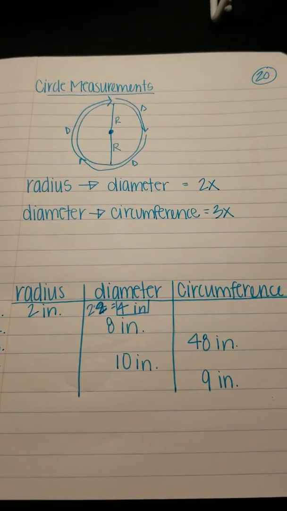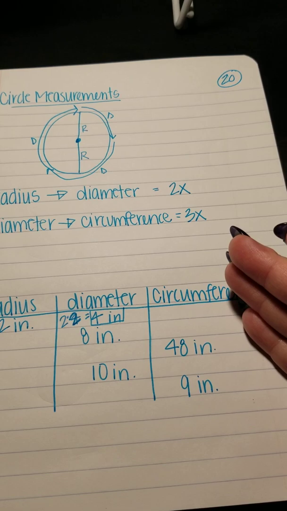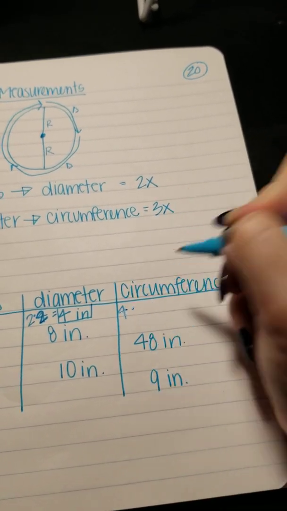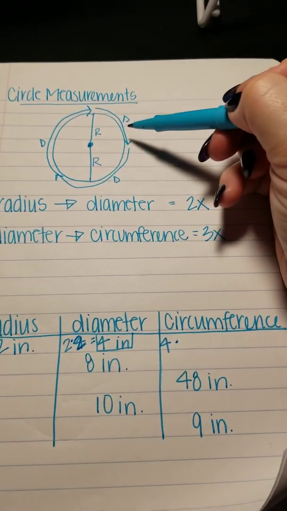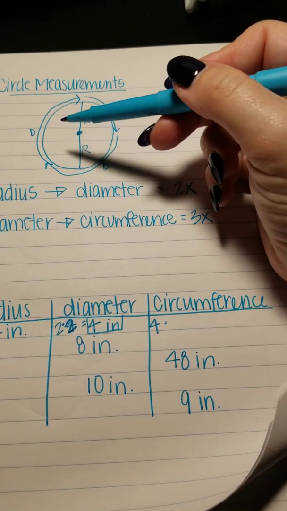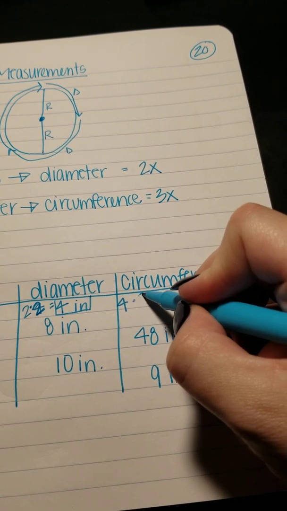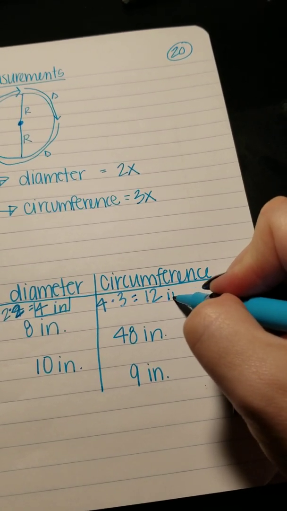All right, so then I'm at my diameter and I need to go to my circumference. Well, I have 4. I know I'm going to have to multiply. I'm thinking 4, 4, 4. 4 plus 4 plus 4 is another way of saying 4 times 3, which is 12 inches.